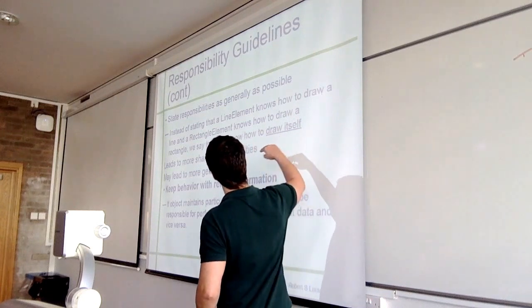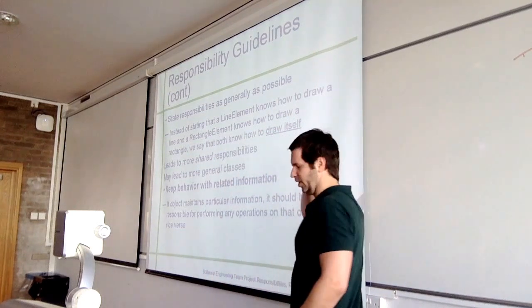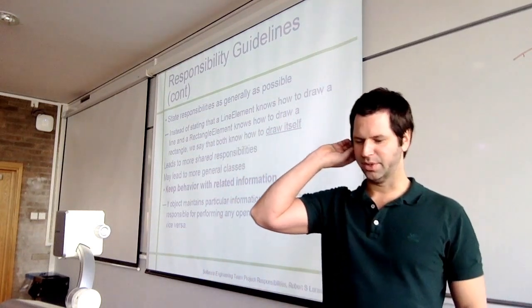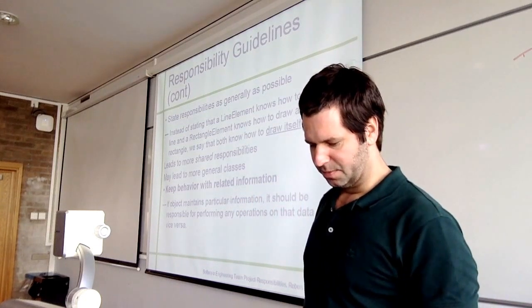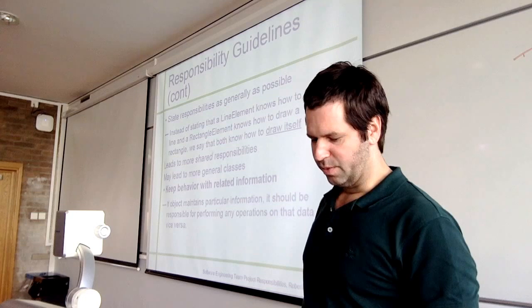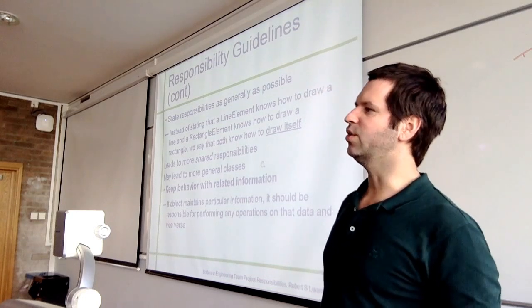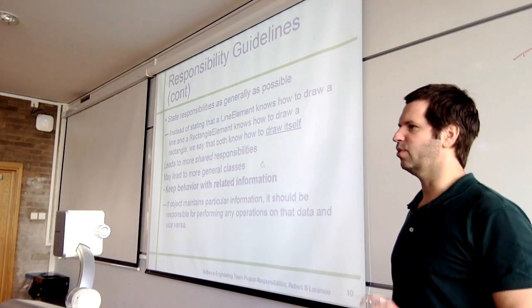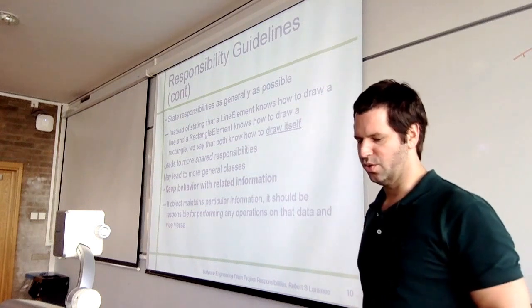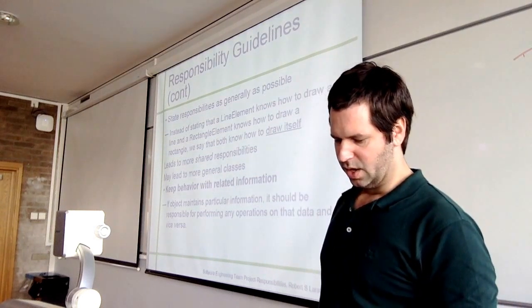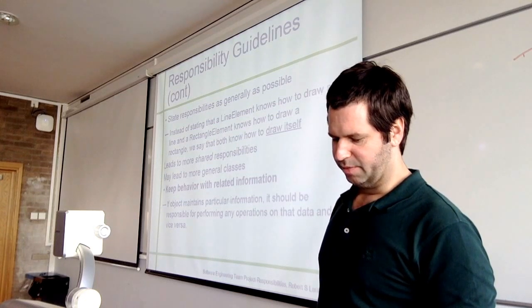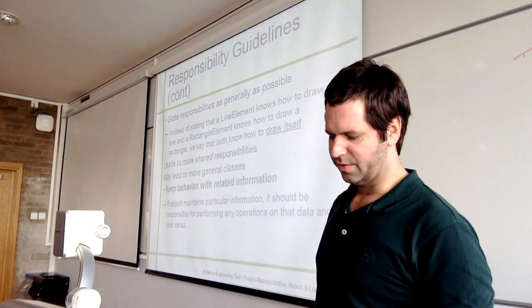So if we follow this guideline, it leads to more shared responsibility, it leads to more general classes, and it leads to more code reuse, right, as opposed to not being able to reuse code. And we keep related behavior with related information.